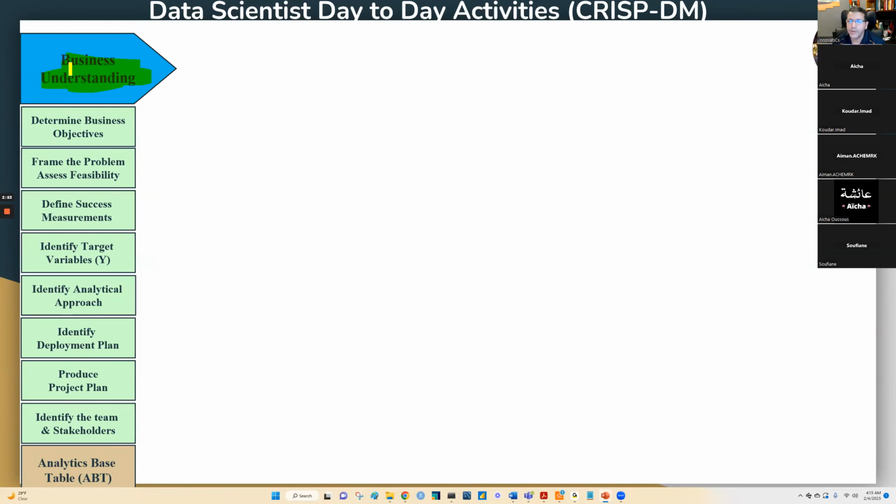We learned how to transform or translate the problem statement into an analytical statement. We learned about the framing of the problem, assessing the feasibility of each frame that we have. We learned to ask the business to define the measurement.